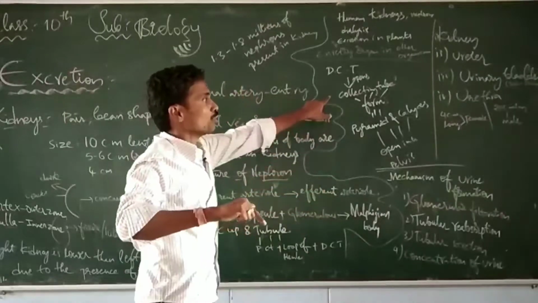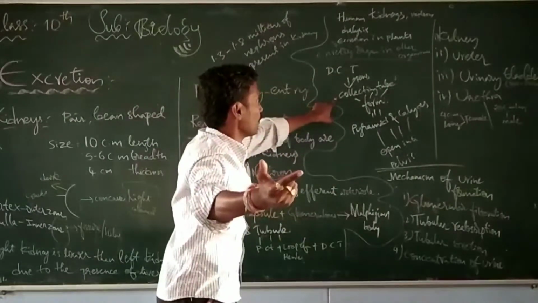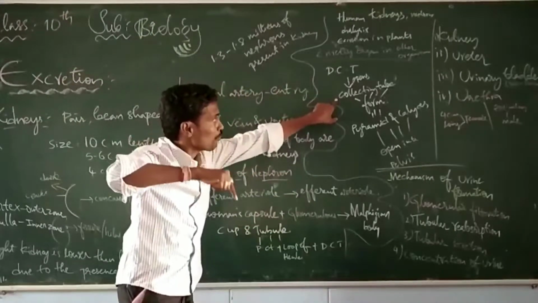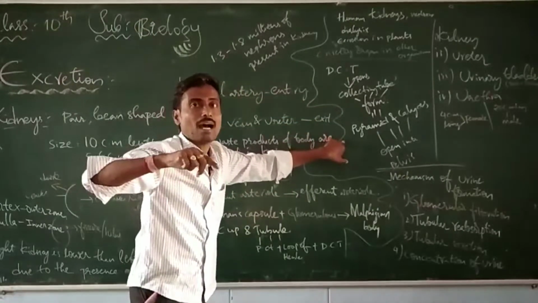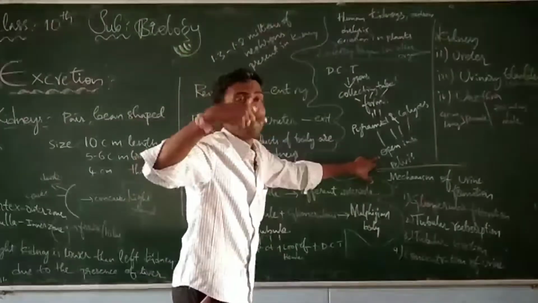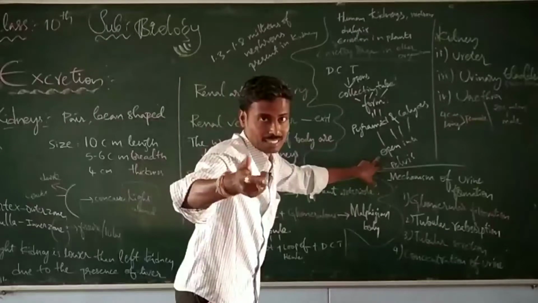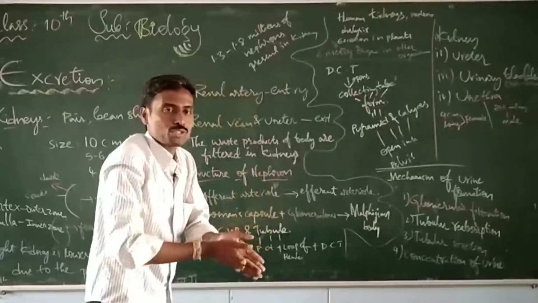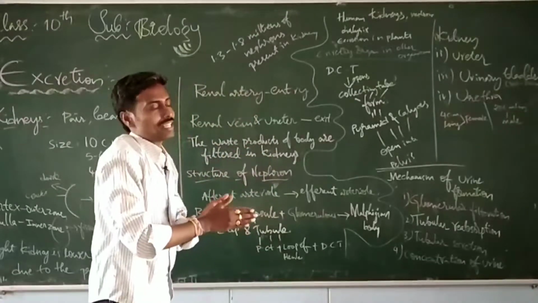That opens into the collecting tube and forms the pyramids and calyces. That opens into the pelvis, and that comes out as the ureter.